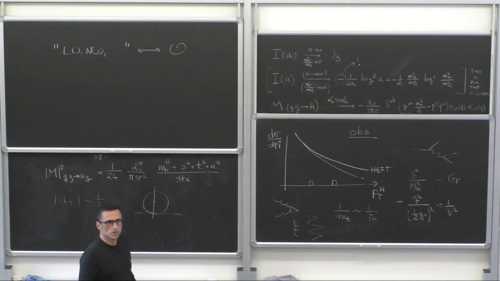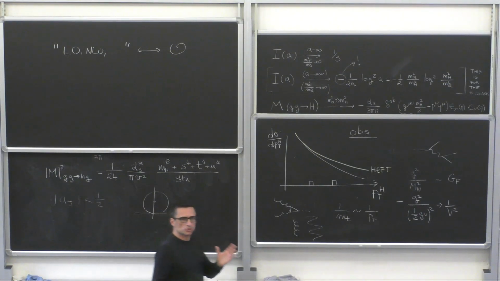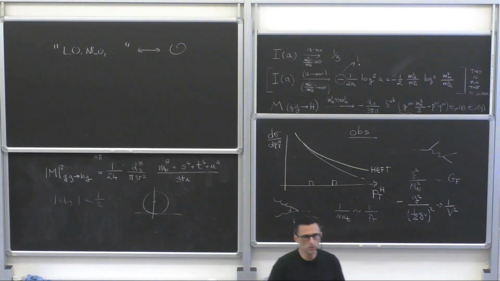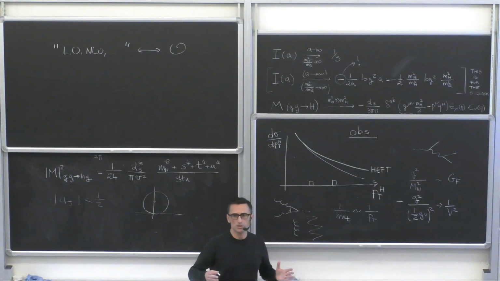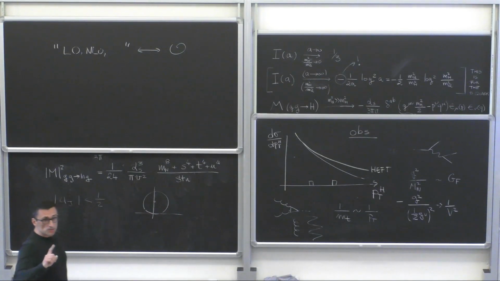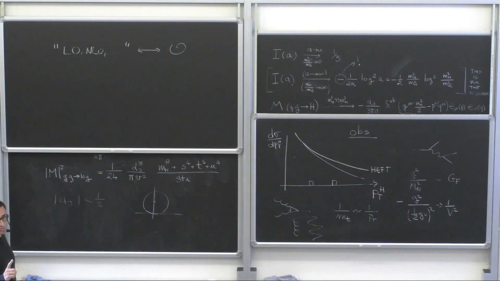Okay? So if I do a computation in the standard model, the amplitude cannot behave in a unitarity violating way. It always has to be well behaved at high energy. However, in an effective theory, this is not true.